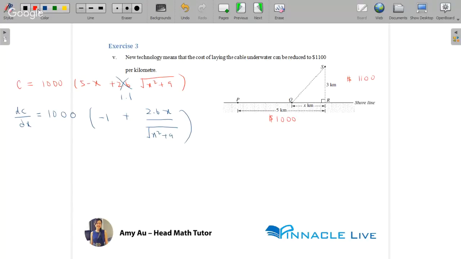So same idea. Just replace the 2.6 with 1.1 and that will do the job. All right. So what we're going to do is kind of redo that dC/dx equal to 0 component and see if we can get a new value. And let's see if it also makes sense as well. Let's have a look.